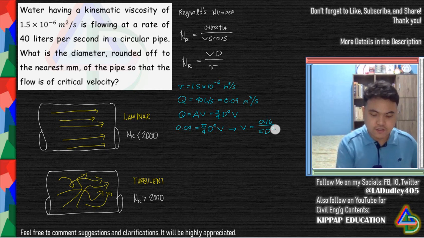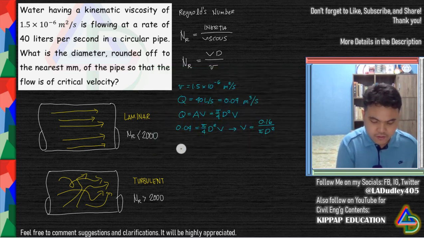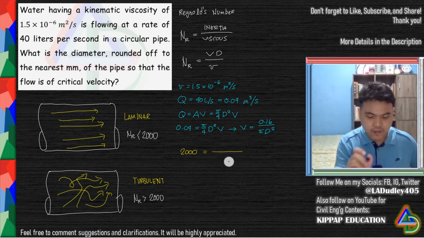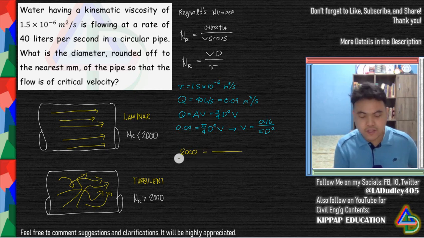Ngayon, doon na natin isa-substitute dito sa N sub R. So we have N sub R, that is 2,000, equals, what is the velocity? Okay, ito muna, wait lang, yung 2,000 na to, unitless, kasi it's a ratio. So, unitless yung ating 2,000 dito, kaya wala akong nilagay na units.